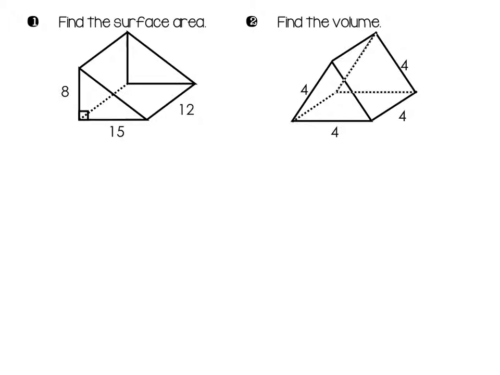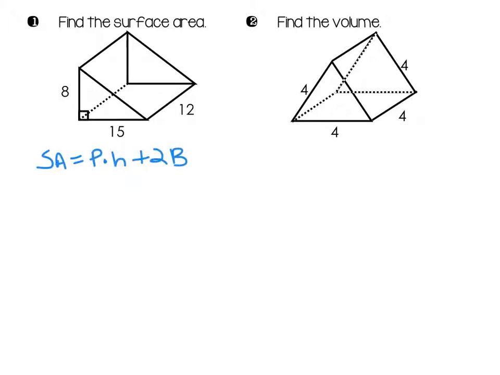Triangles, or rather, triangular prisms. Okay, so number 1 says for us to find the surface area. So the formula for surface area of a prism is perimeter of the base times height plus 2 times area of the base.